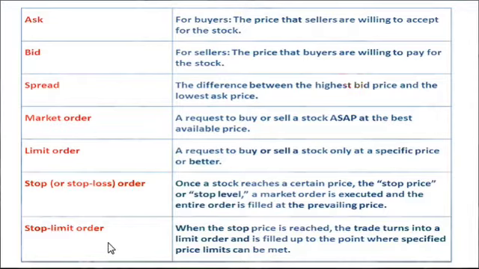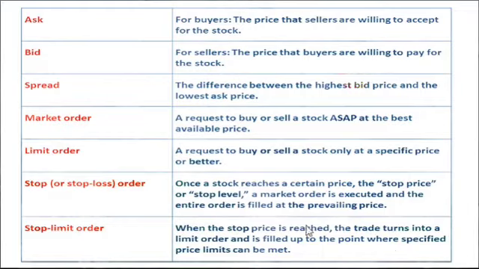Here, a stop limit order is when the stop price is reached, the trade turns into a limit order and is filled up to the point where specified price limits can be met. This is a most important order. Stop limit order: when the stop price is reached, the trade turns into a limit order.